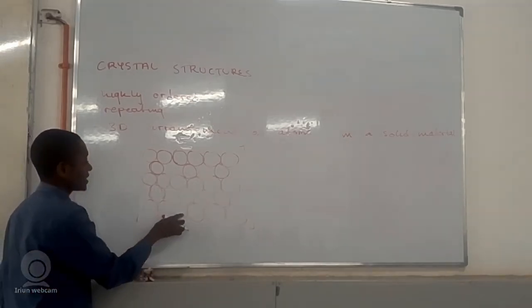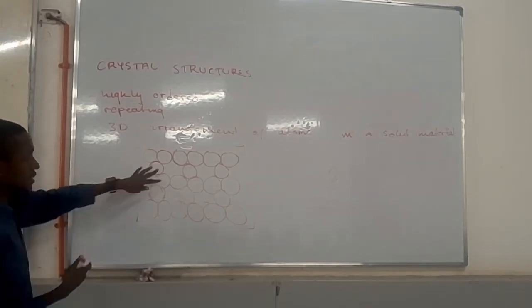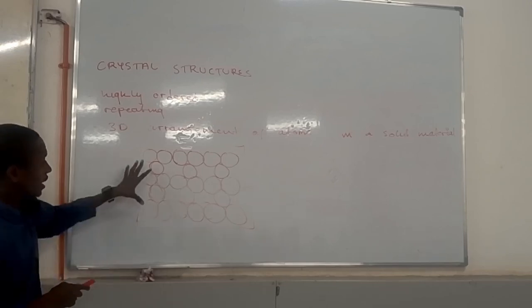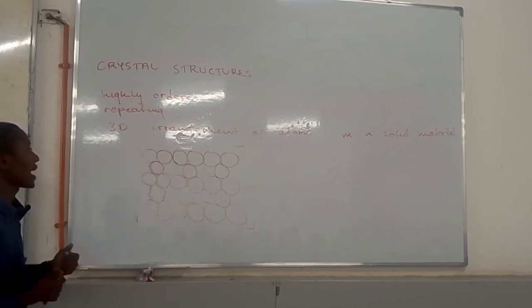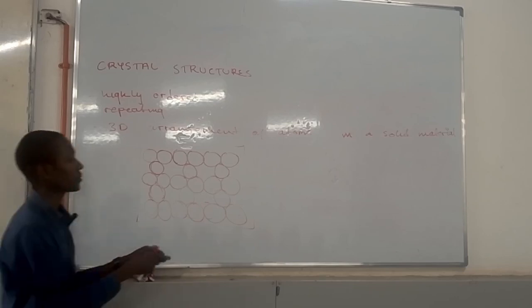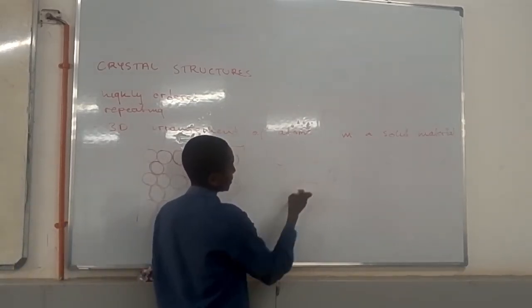So we can see that there is a repeating pattern here inside this solid material. So this arrangement of atoms is being constructed by what we are calling what? A unit cell. If you get one unit cell, we put it here, we get another unit cell.